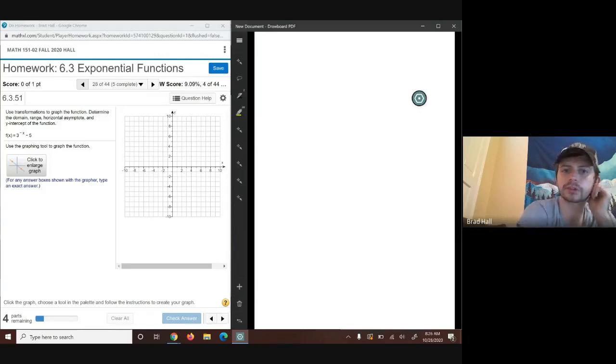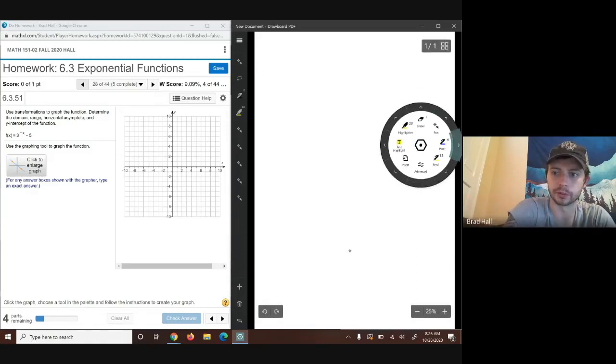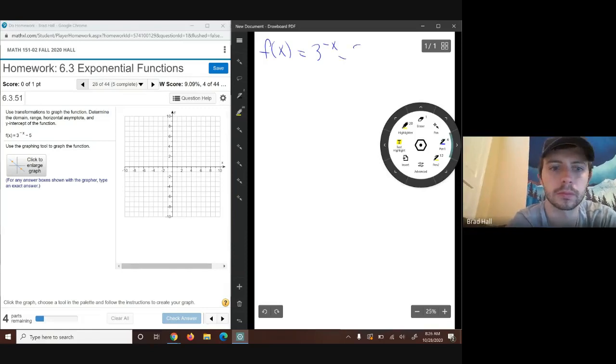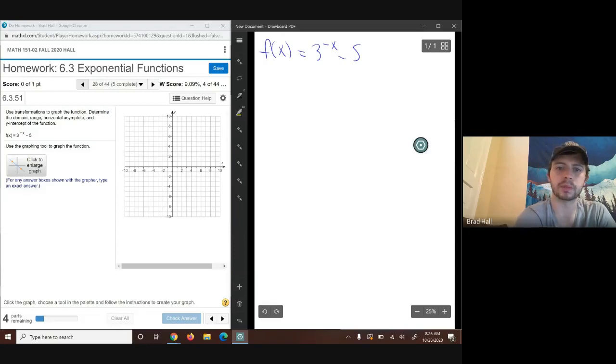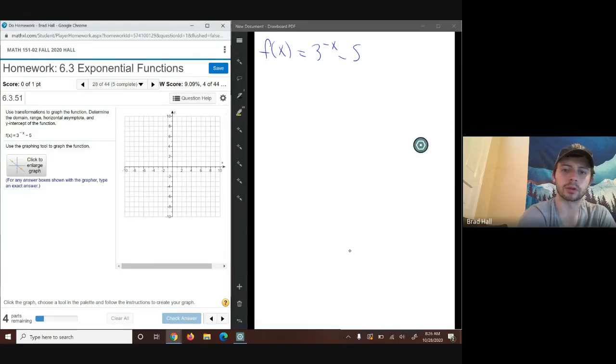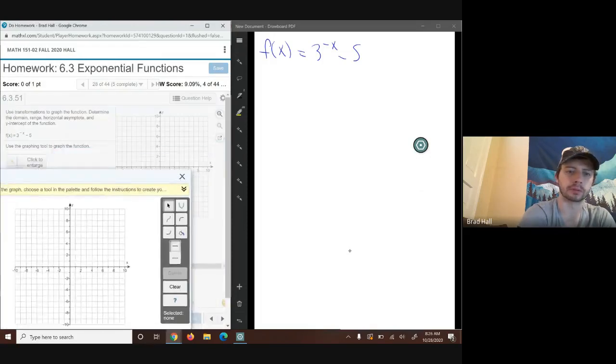And so it's just asking us to graph this using transformations. So if you're good with transformations, this shouldn't be too egregious of a problem. Another question that dawns on me is, how does it want us to input this information?